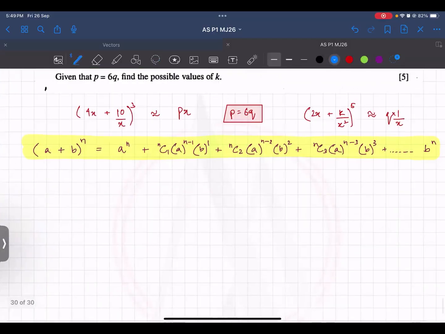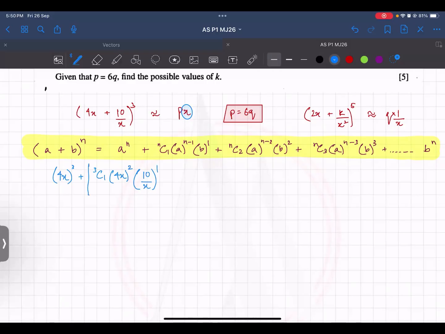You can use this formula simply to expand the first bracket because you need only x power 1. So if you're getting any other term with any other x power, don't use that. So it will start with (4x) power 3 plus, then you will have 3C1, then you will have 4x square, and then 10 upon x power 1.